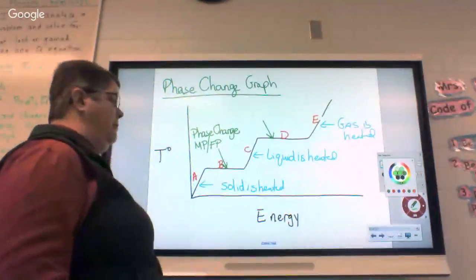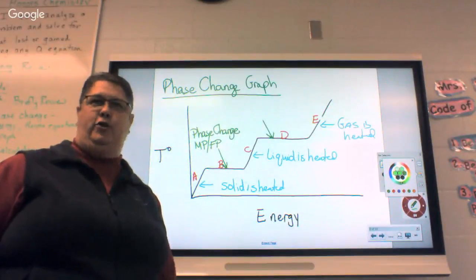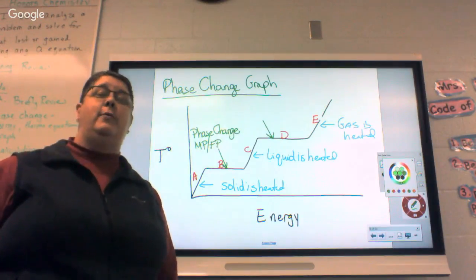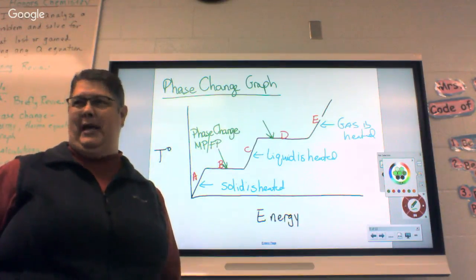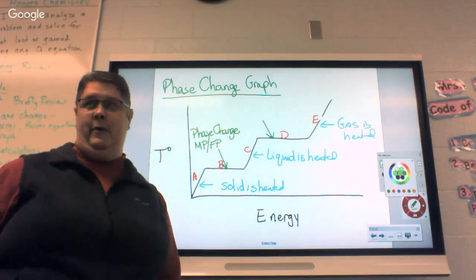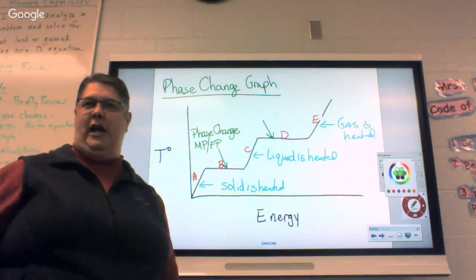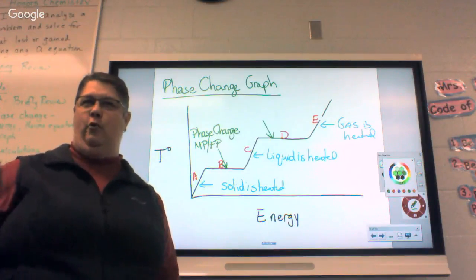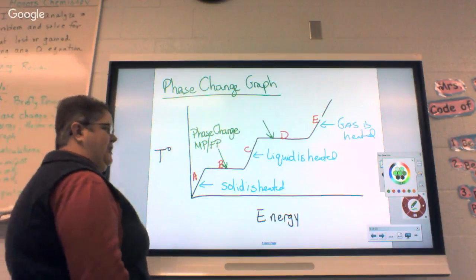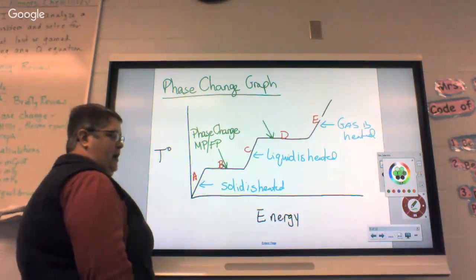Okay? At B, we change between what 2 states? Solid and liquid. What can you tell me about the temperature at B? It's the same. So does the temperature change when we melt and when we freeze? No. The temperature stays the same when we melt and freeze.